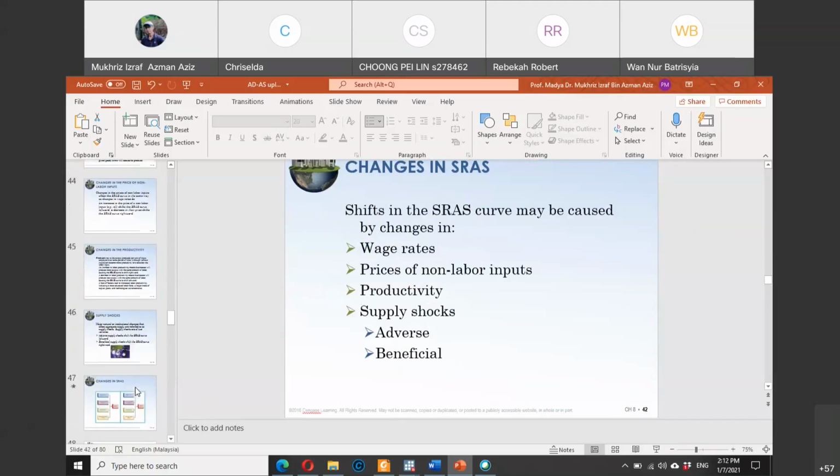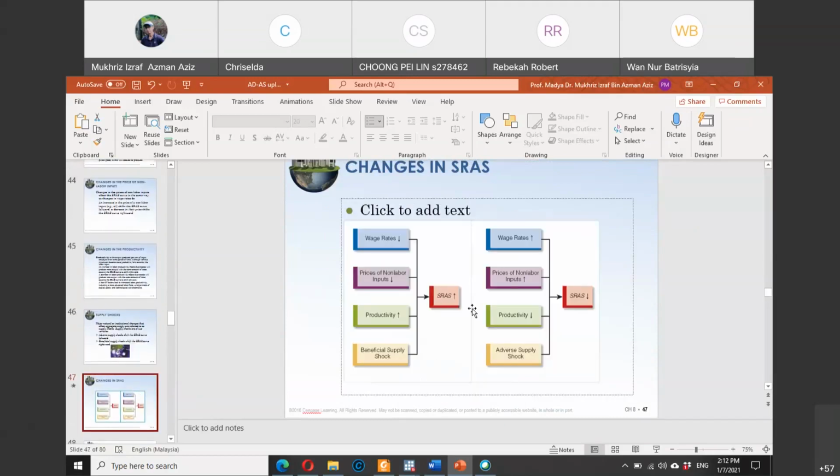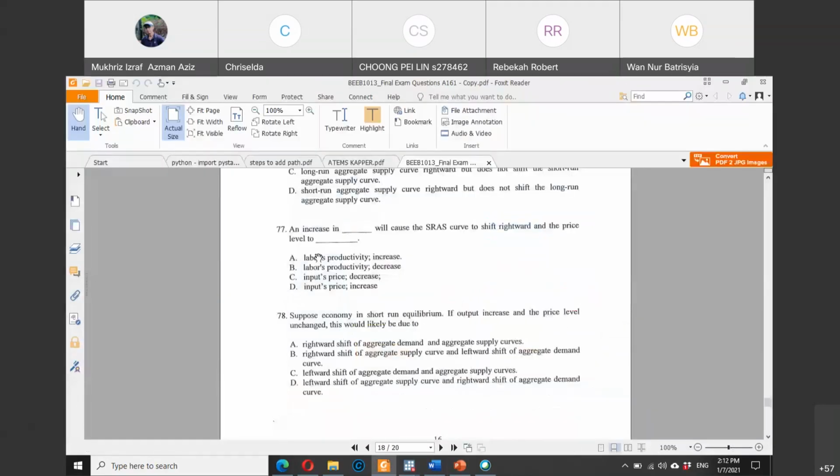It is summarized here in this graph. So the supply curve will shift to the right if these factors happen, and shift to the left if these factors happen. So here, shifting the supply curve rightward means to the right.